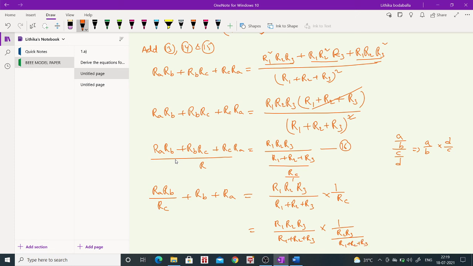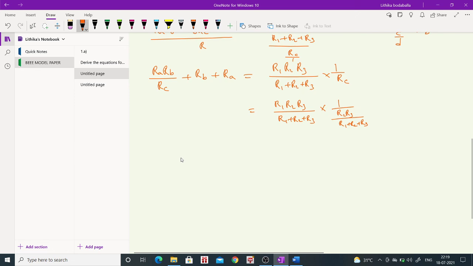So if I further simplify this, I get R1 R2 R3 divided by R1 plus R2 plus R3. Again by the A by B by C by D formula, you get R1 plus R2 plus R3 divided by R2 R3. So R2 R3 cancel, R1 plus R2 plus R3 cancel, you are left with R1.